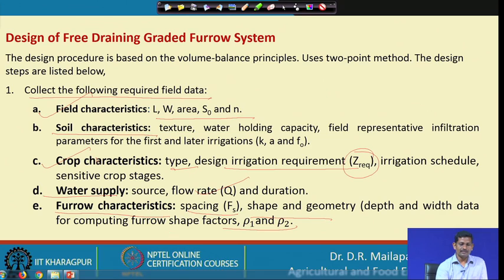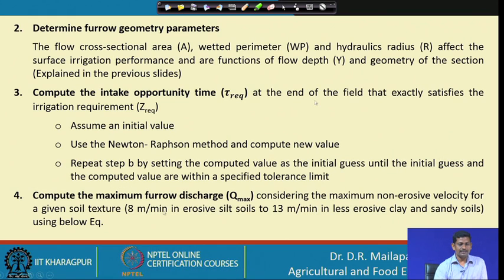This is the basic field data required. Next is to determine the furrow geometric parameters using the equations explained, knowing the furrow parameters like top width, bottom width, and corresponding depths.